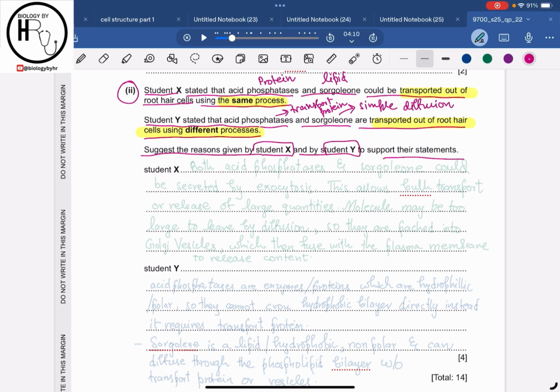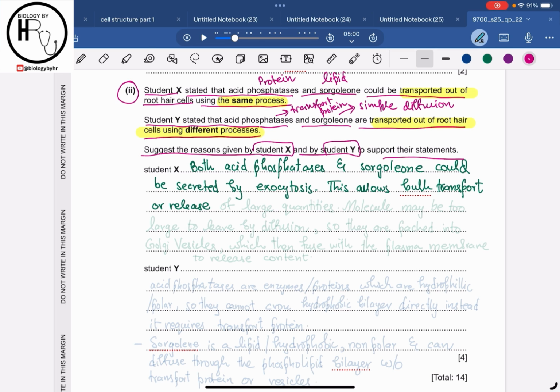So let's discuss how we can write the answer. Student X is saying that acid phosphatase and sorgoleone could be transported out of the root hair cells using the same process, and how it can be done: both acid phosphatase and sorgoleone could be secreted out by exocytosis, which is a type of bulk transport, right?